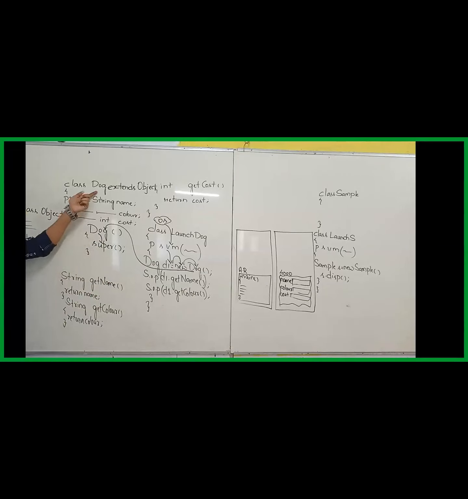Who is the parent class of dog? Object. Then it will take the control from here to the object class constructor. How do you know whether it is default or parameterized? So it will take the control from the child class constructor to the parent class constructor.